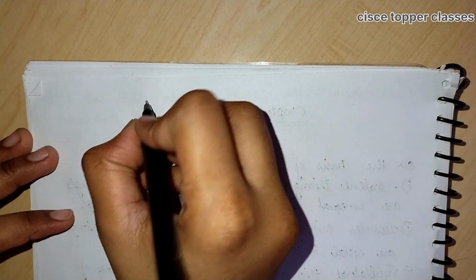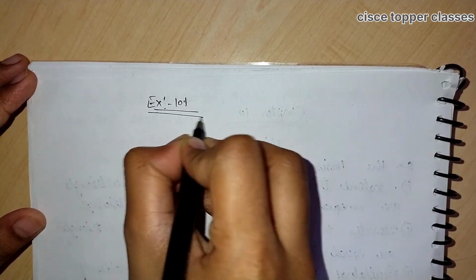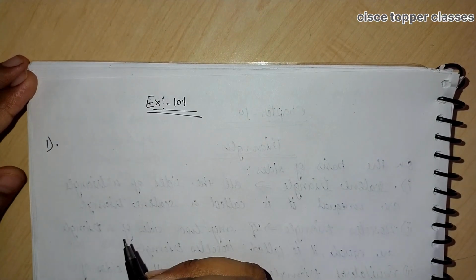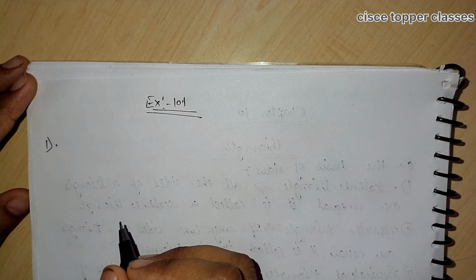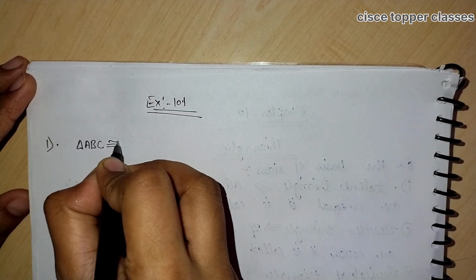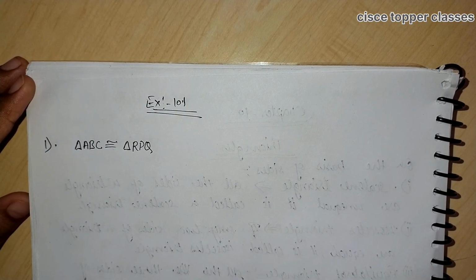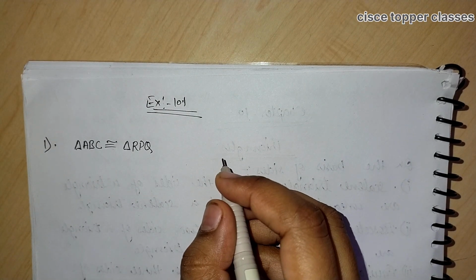Now let us solve exercise 10.1, first question. The first question says that it is given that triangle ABC is congruent to triangle RPQ, and it is true to say that BC is equal to QR.